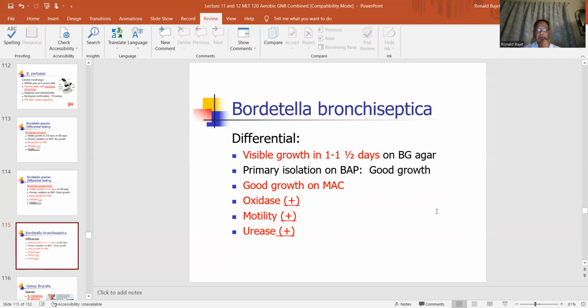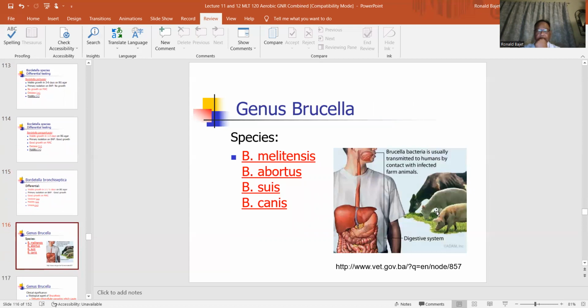So the third species of Bordetella is Bronchiseptica. This is the one, remember, with the animals. It grows faster, 1 to 1.5 days, likes MacConkey, and is oxidase, motility, and urease positive. That's it for Bordetella: three significant organisms, actually one main significant one, the pertussis, then the parapertussis, and then the Bronchiseptica for animals.